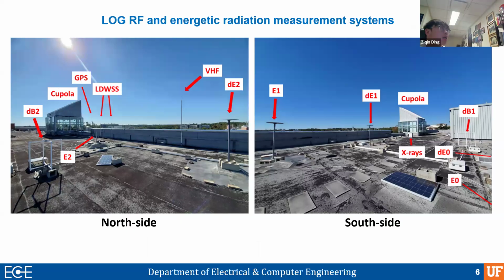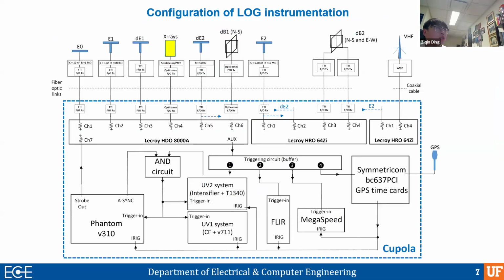Here is the cupola, and outside it we have different sensors. We have electric field measurement sensors, magnetic field derivative sensors, X-ray detectors, and antennas of different gains. Currently we use different algorithms to trigger the high-speed imaging systems.